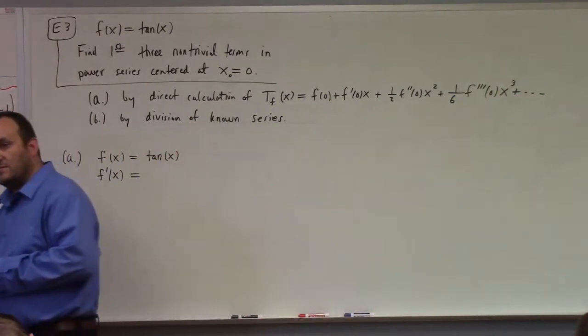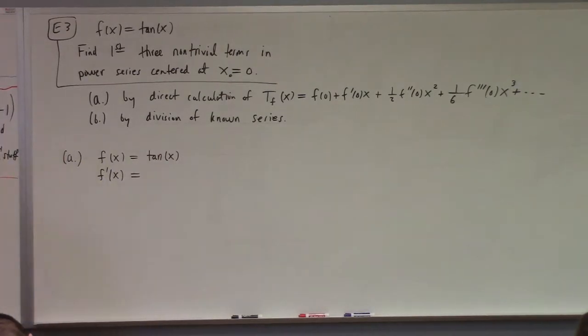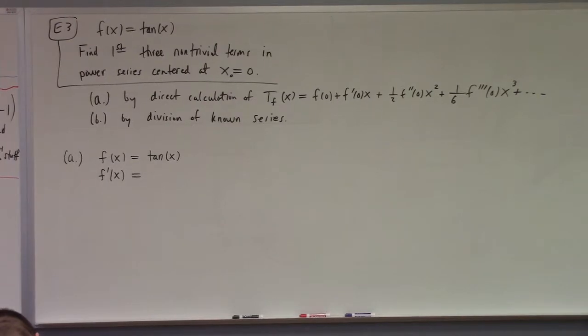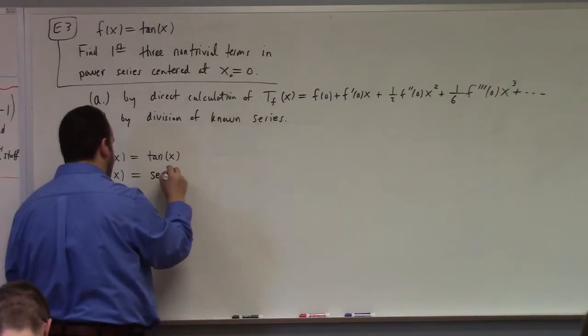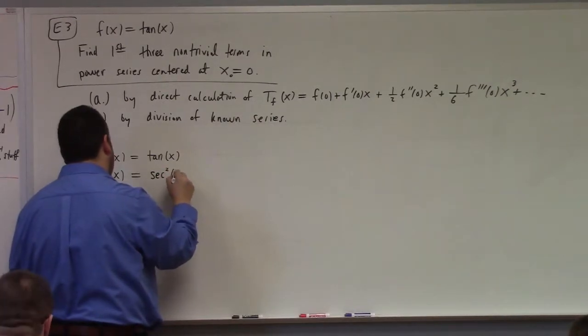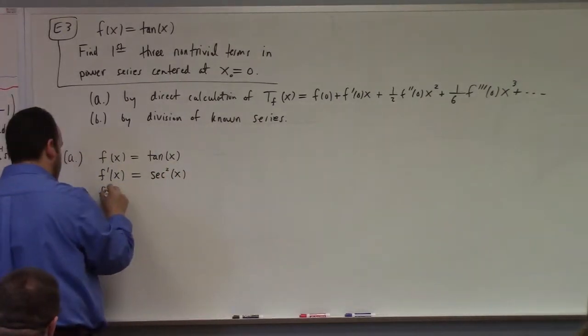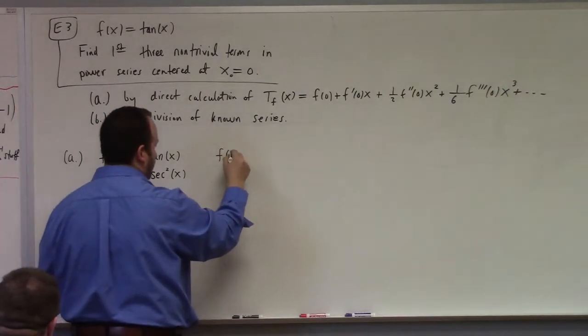Tangent is odd. So I know I've not written enough yet. If we want the first three non-trivial terms, we're going to have to go all the way to the fifth derivative. Because I already know that, well, f of 0 is what?